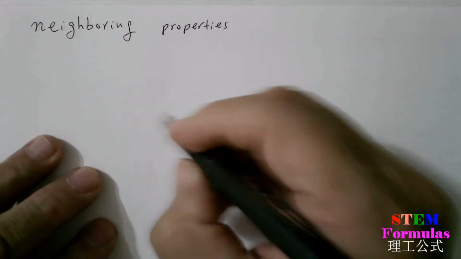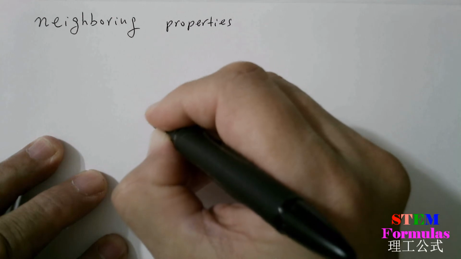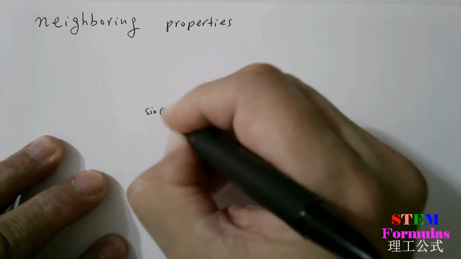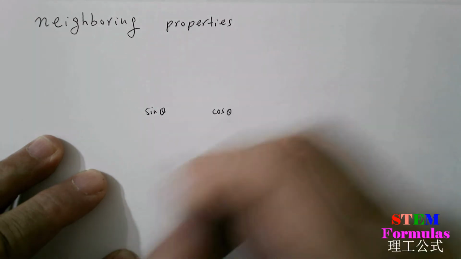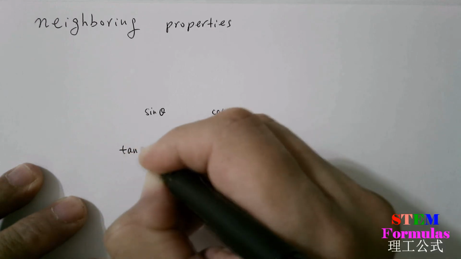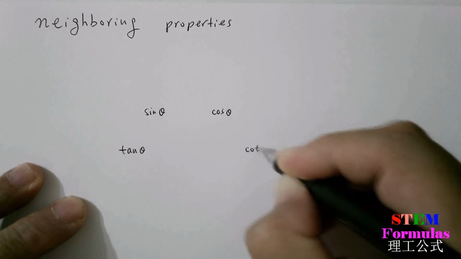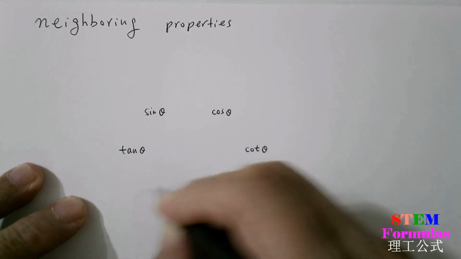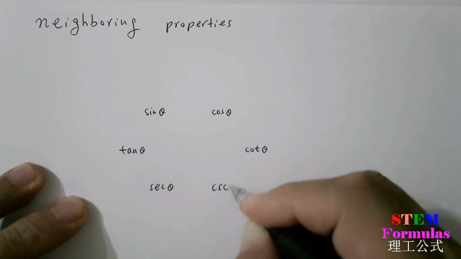We write on the same diagram as sine theta, cosine theta, tangent theta, cotangent theta, secant theta, cosecant theta.